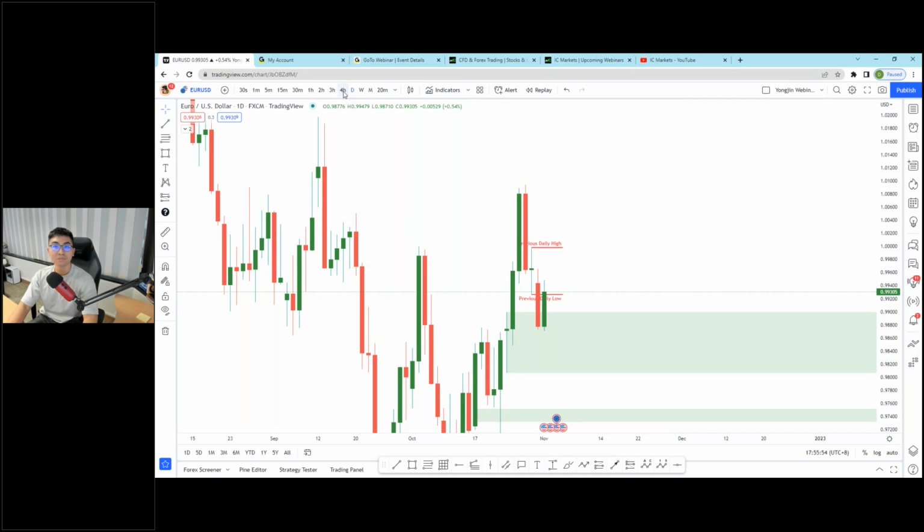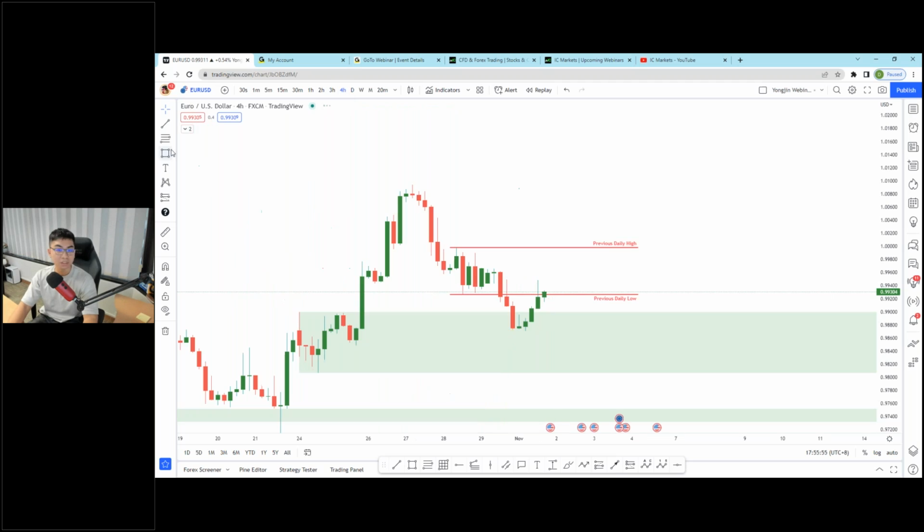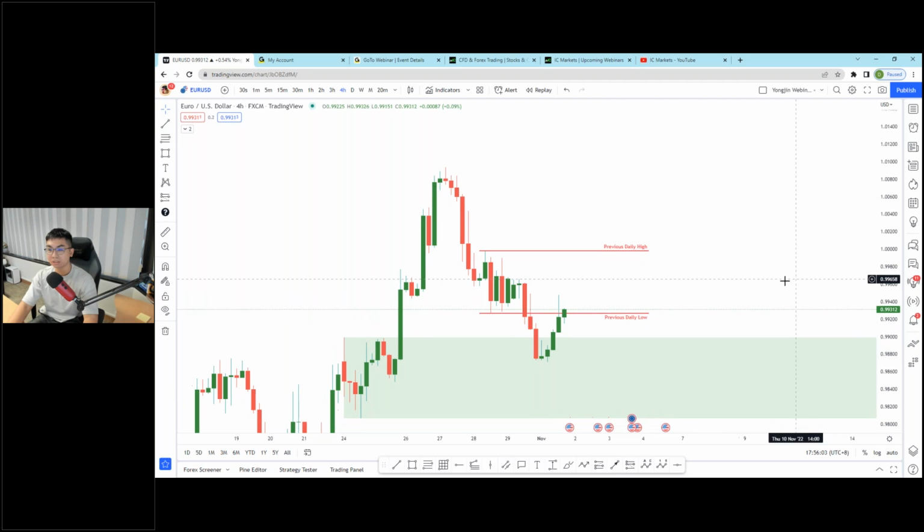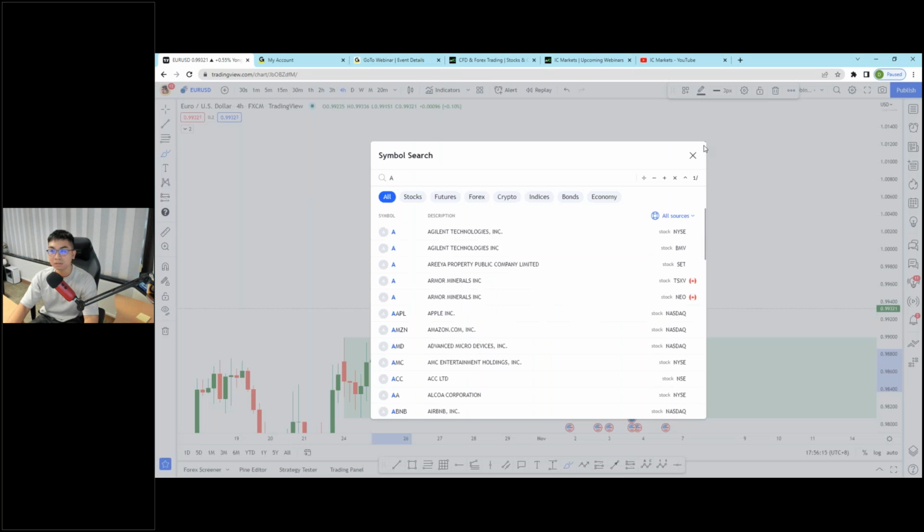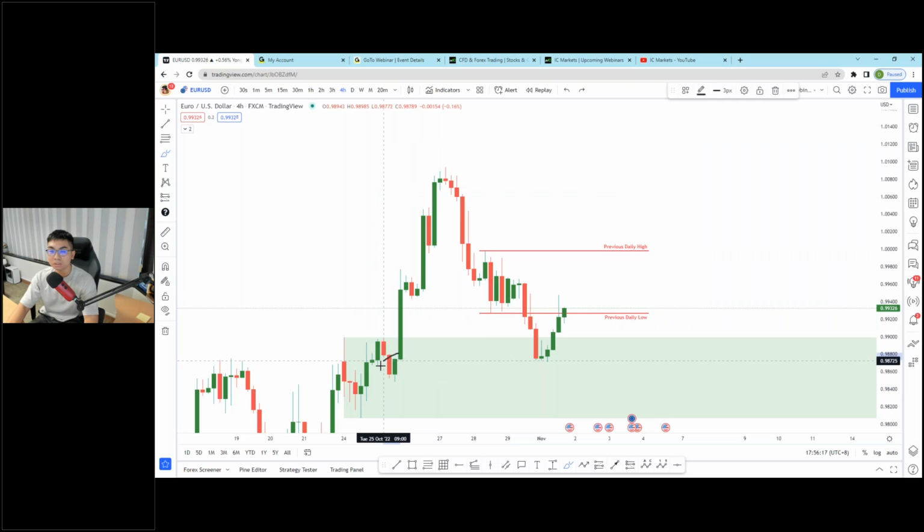And then I moved on to the 4 hours. I just roughly draw out. I don't really know what is going on yet. This is how I do my analysis day to day. Then what did I notice? Within the daily points of interest, there is also a 4 hours point of interest.